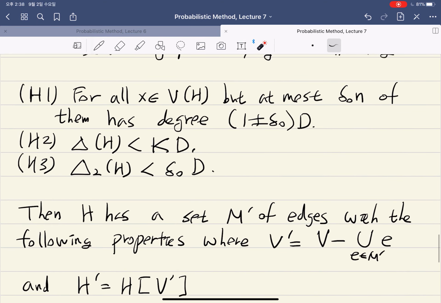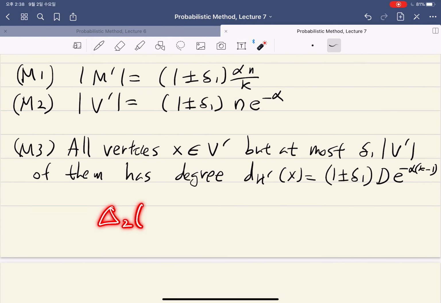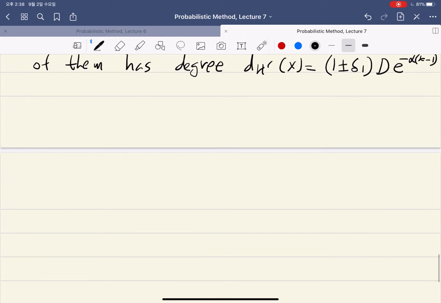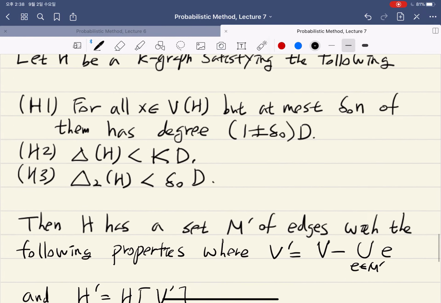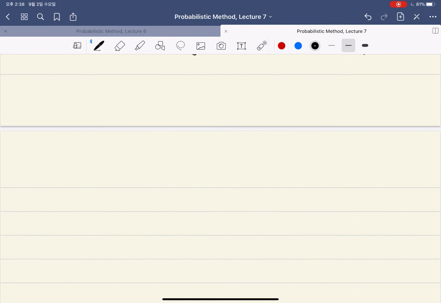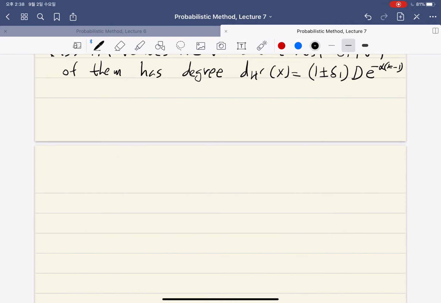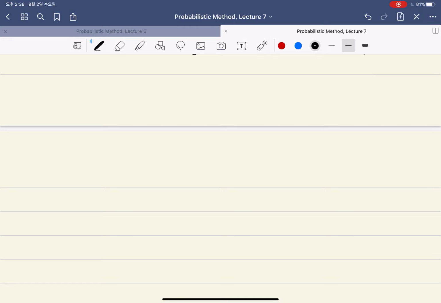The codegree is easy because it is an upper bound of the codegree of this H prime, so we don't have to care too much about it. But this shows that one repetition can be done. First we assume this lemma and then see how it implies the Pippinger theorem.